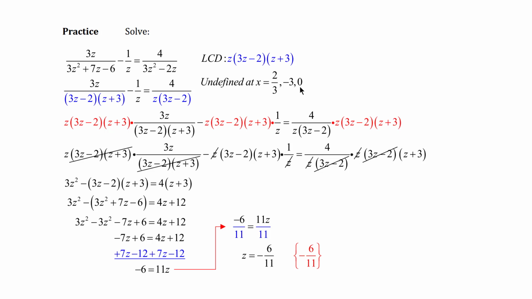Next, we get rid of the fractions by multiplying each term by the LCD, z times (3z minus 2) times (z plus 3).